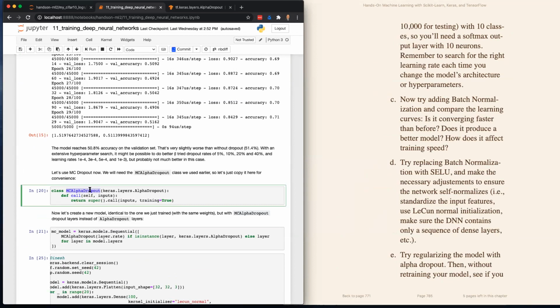However, with Monte Carlo dropout, you will use the dropout, but you take a number of predictions and then take an average of the predictions. That's the concept of Monte Carlo dropout.